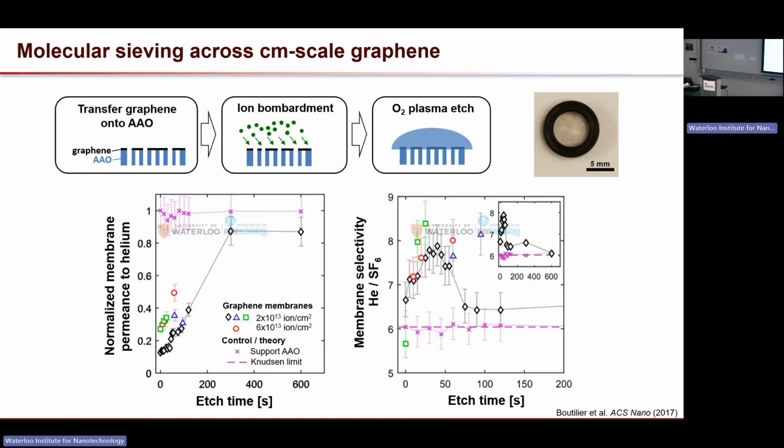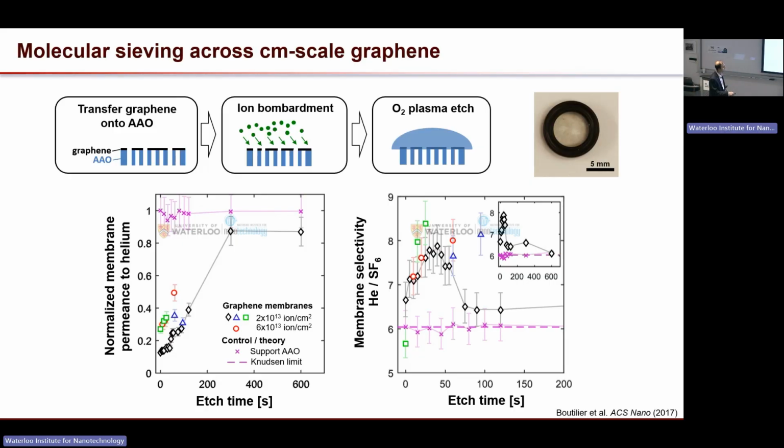And we did this experiment by taking graphene, putting it on this anodized alumina membrane, which has these straight pores. Then we create pores by ion irradiation and plasma. And what we see is as we increase the plasma each time, the flow rate through the membrane goes up and then it flattens out. And this is the support. So at some point, the graphene basically is not adding any resistance.